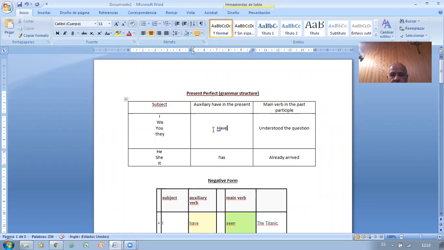Why doesn't it change? Nothing happens. Well, anyway. I, we, you, they have, and then the main verb in the past participle, right? Understood?